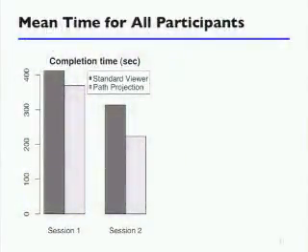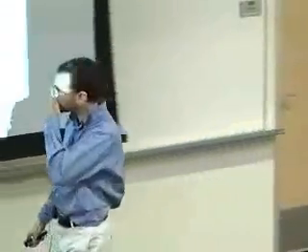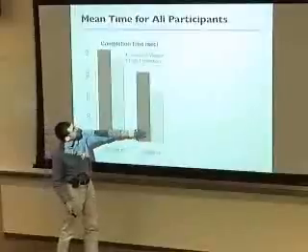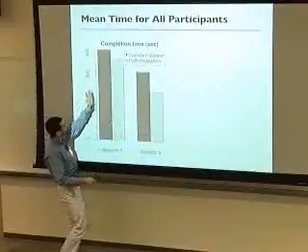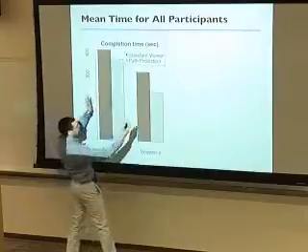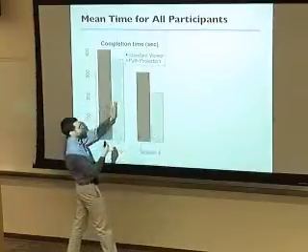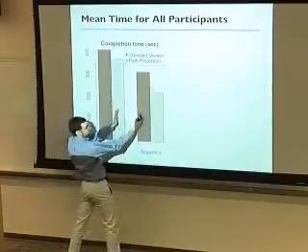Here are the average results for all the participants. So this graph is a little bit confusing. So here's session 1, here's session 2, standard viewer on left, path prediction on the right. So one group is the left bar here and the right bar here, and the other group is the right bar here and the left bar here.